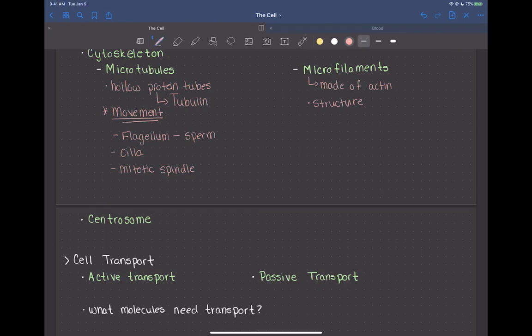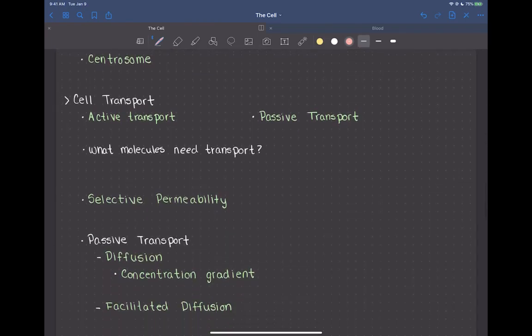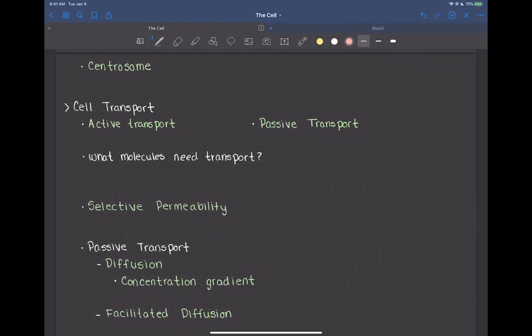All right, and then our last organelle is going to be the centrosome. Okay, and the centrosome is another important organelle for mitosis, that we're going to talk about in just a second. And so the centrosome is going to contain 2 centrioles.